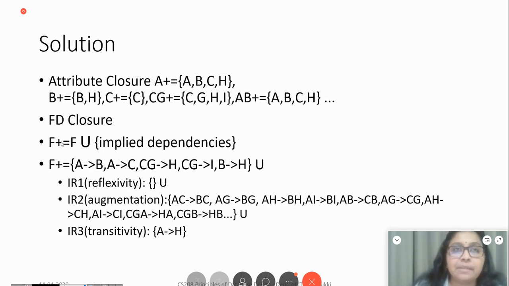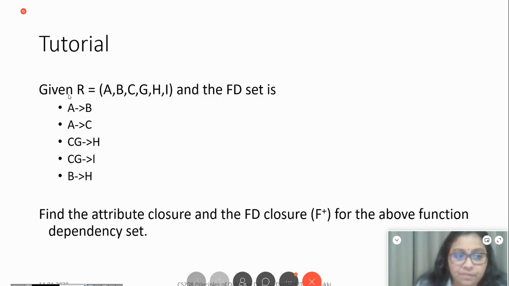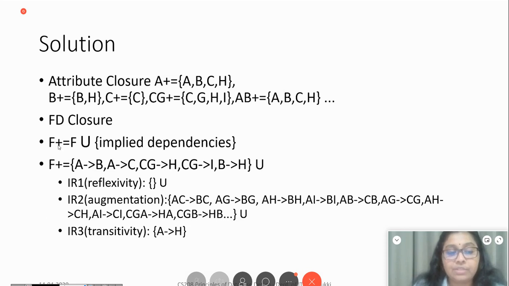So what is FD closure? The original set of FDs, which is this F, capital F, plus all the FDs that you can infer from this FD set. So FD closure, that is F plus, is basically the original FD set, capital F, union all the dependencies that you can imply or infer from this original F. So what was my original FD set?